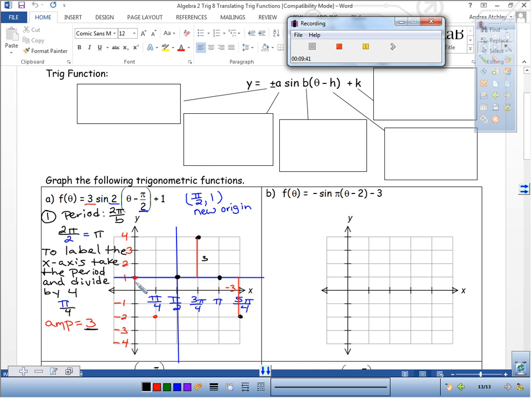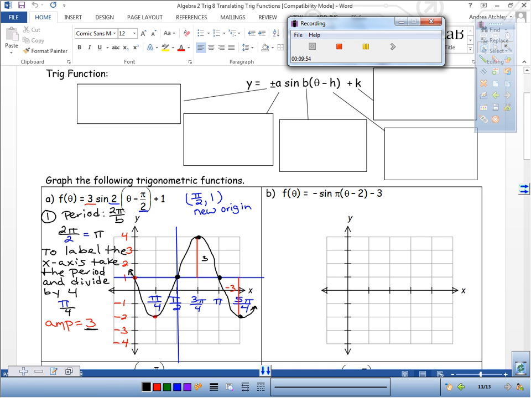And then this is my sine curve. Any questions over that? All good?